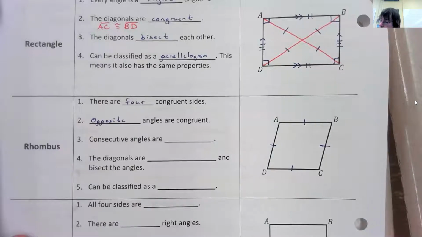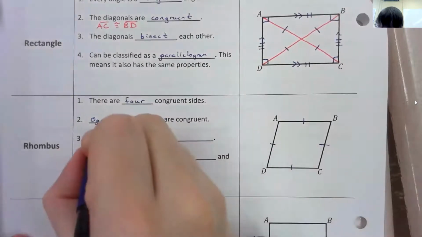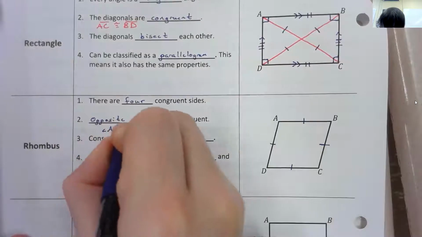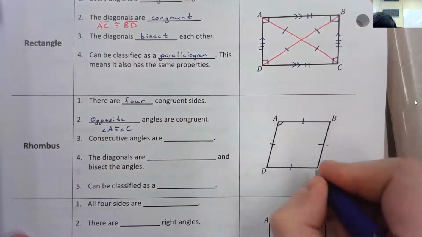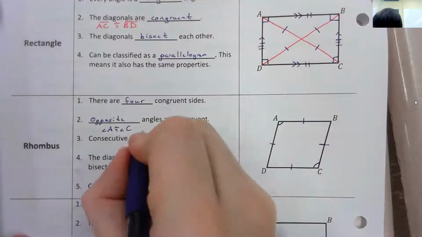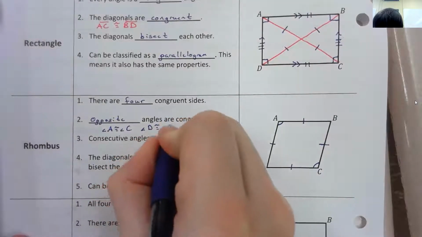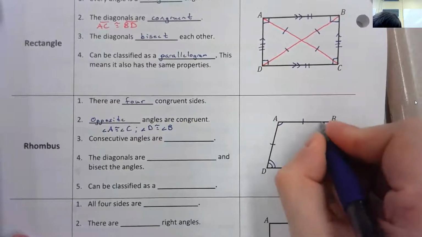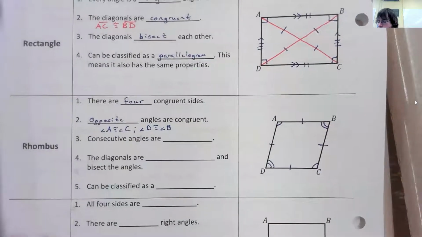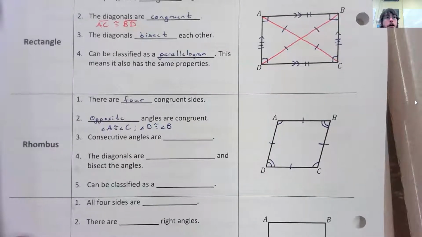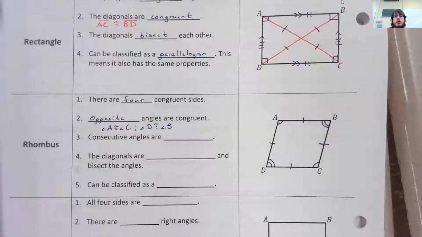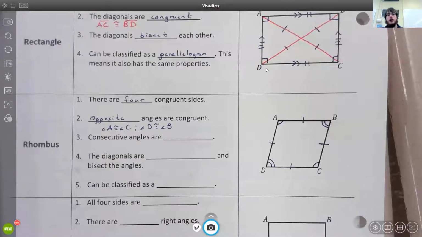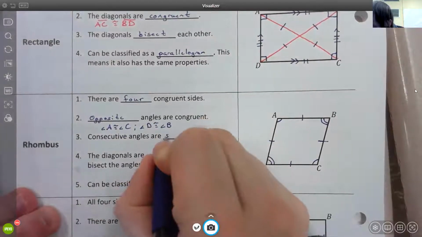So A would be congruent to C, and angle D would be congruent to angle B. And just like a parallelogram, the consecutive angles would be supplementary.